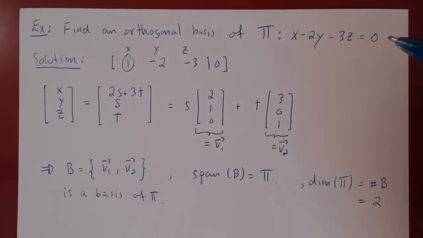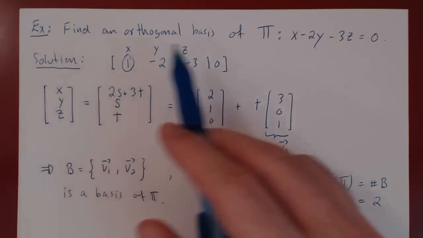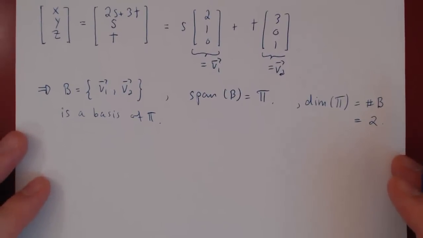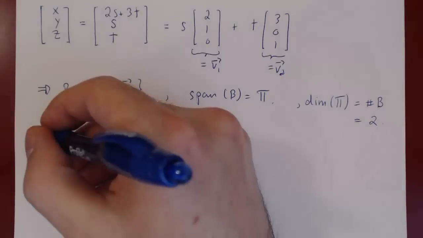These two vectors are not perpendicular, so we have here a basis that is not orthogonal. Well, this is the part where we use the Gram-Schmidt algorithm to build an orthogonal basis of the plane. So let's just use Gram-Schmidt.